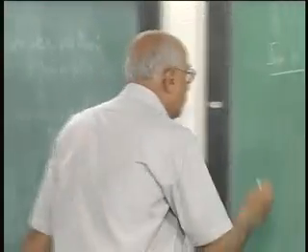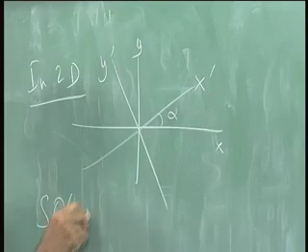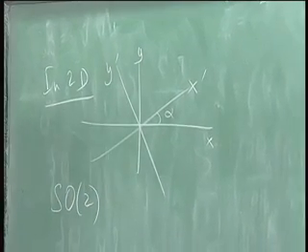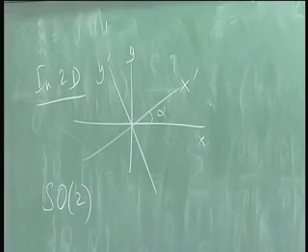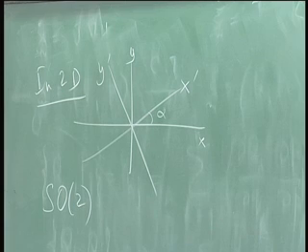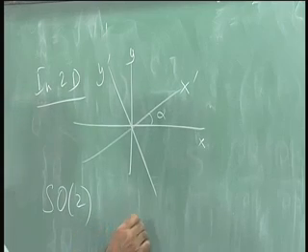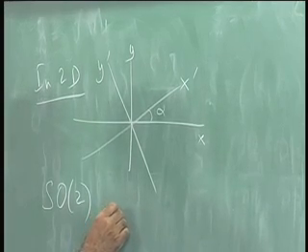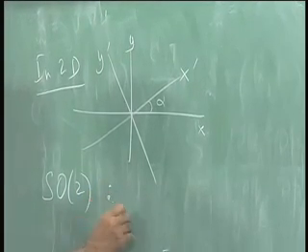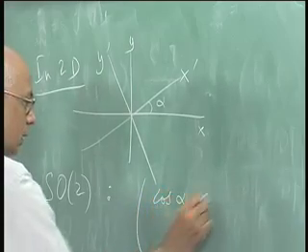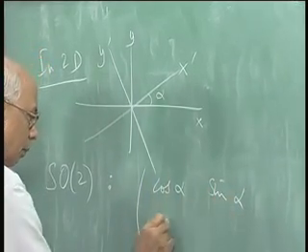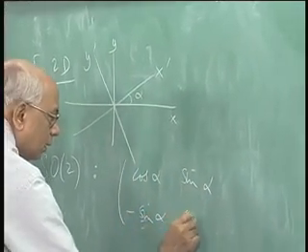So the group of rotations, which comprises the group of matrices which are orthogonal, real entries, and have determinant plus 1, can always be written in the form this contains. So SO(2) contains all matrices of the form cos alpha, sin alpha, minus sin alpha, cos alpha.